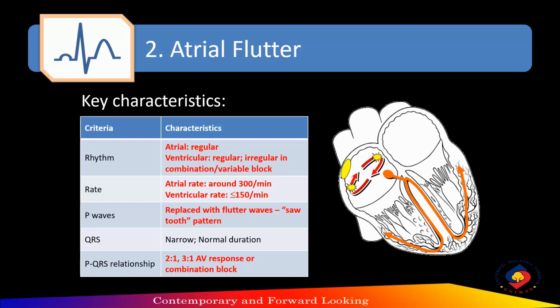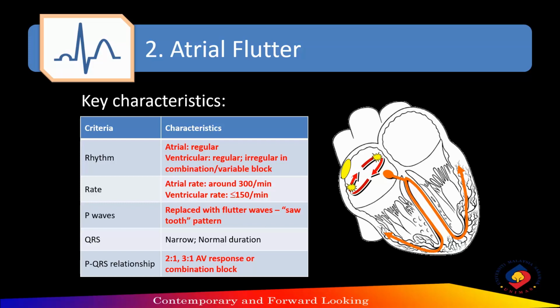In a common atrial flutter with a fixed AV block, you would expect a regular P to P interval indicating atrial rate and a regular R to R interval indicating ventricular rate. Atrial flutter, however, can also present as an irregular rhythm when there is a combination block present.